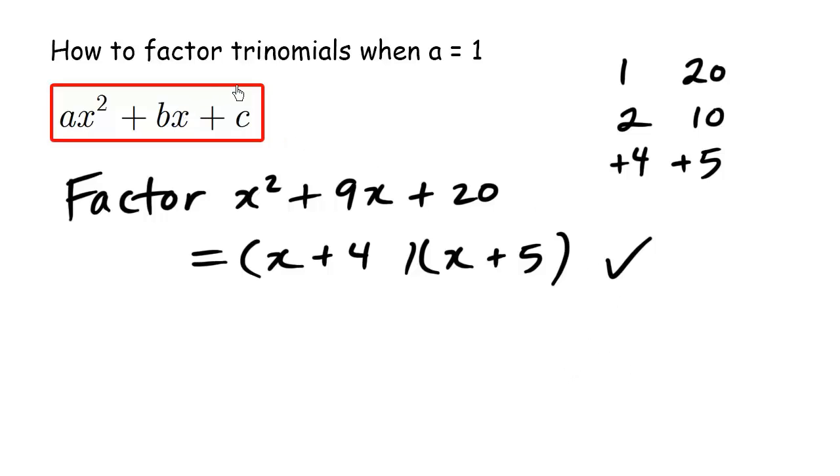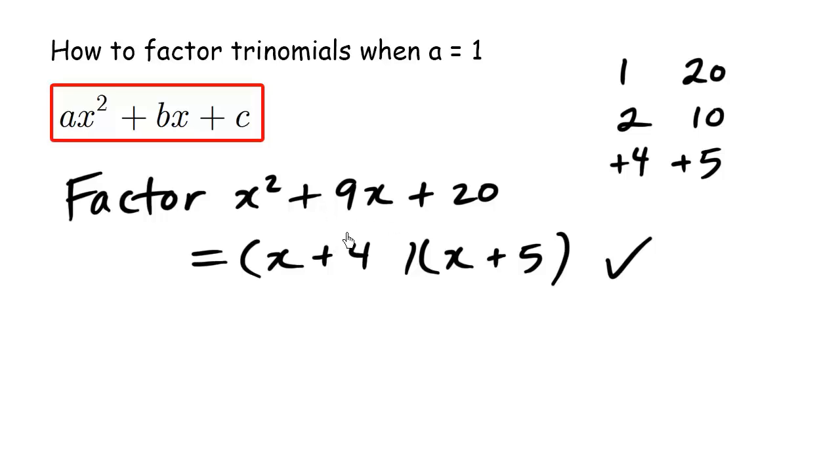So the key to factoring trinomials when a equals 1, this simple type of trinomial factoring, is to write these two giant brackets, figure out the first what times what becomes this first part here, and figure out these missing values by asking the question, what times what becomes the c value, yet adds to be the middle part.